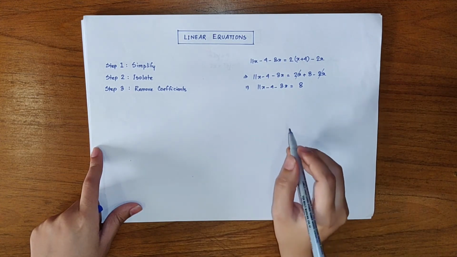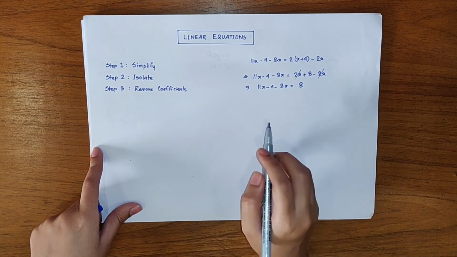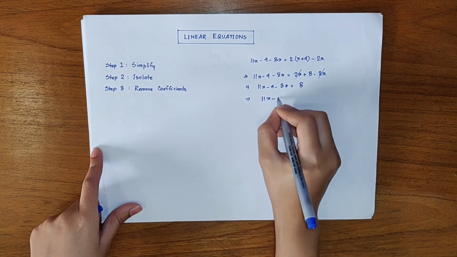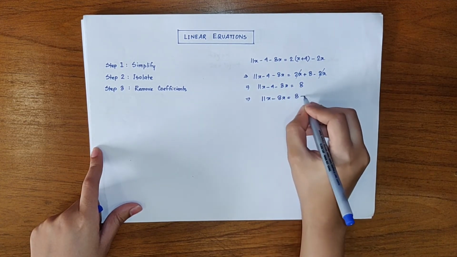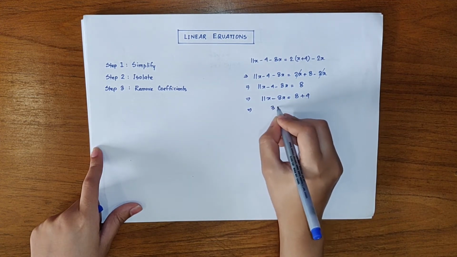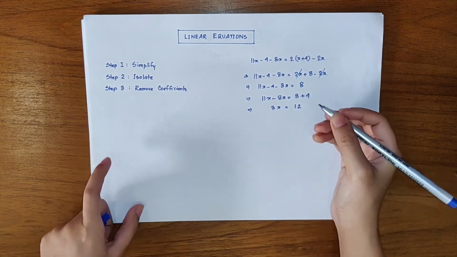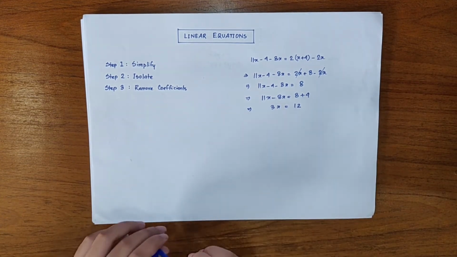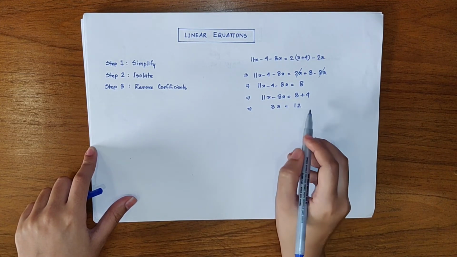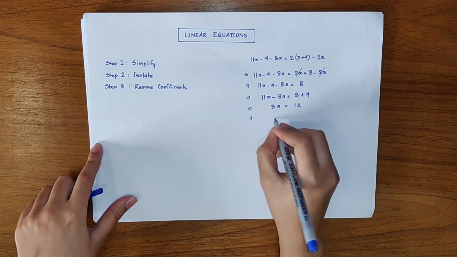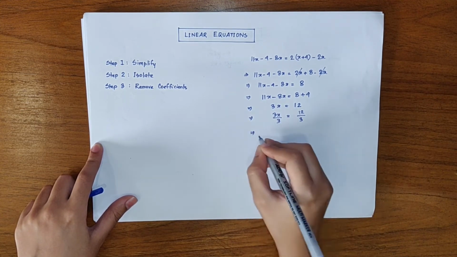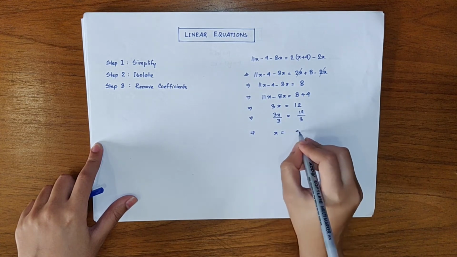Now let's move all the terms containing x to the left side and the numbers to the right. Now the final step is to remove the coefficient 3 from x. So now let's divide both sides by 3. And there we have x is equal to 4.